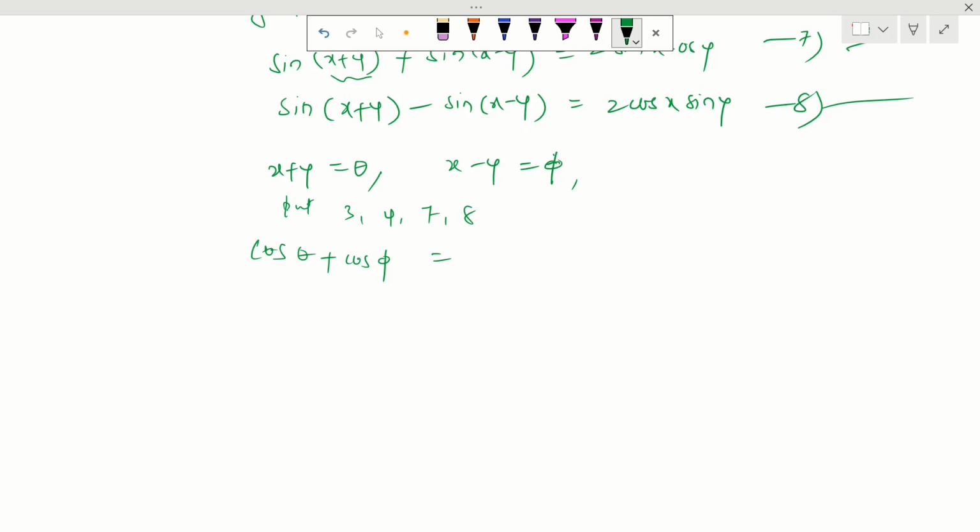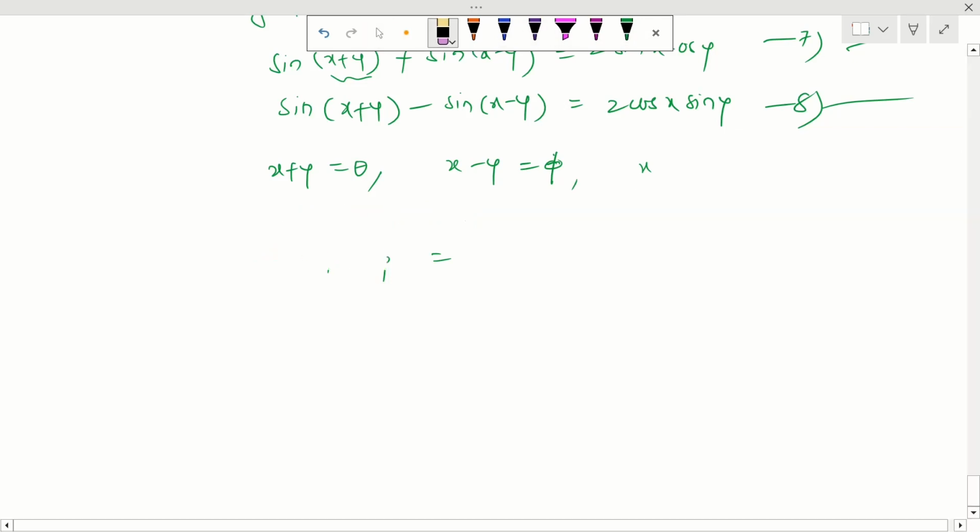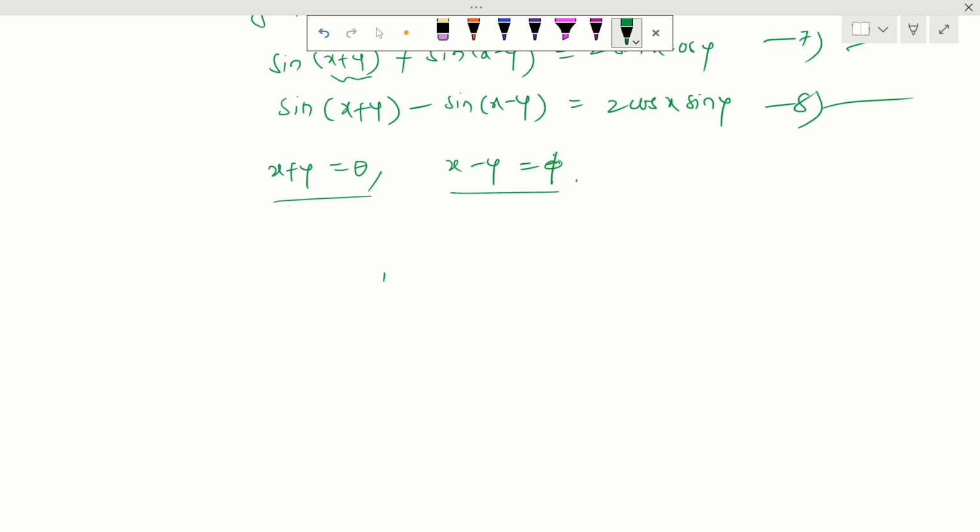So here what we have to do is put x plus y as theta, and x minus y as pi. Therefore x is equal to theta plus pi by 2, and y we can write as theta minus pi by 2.